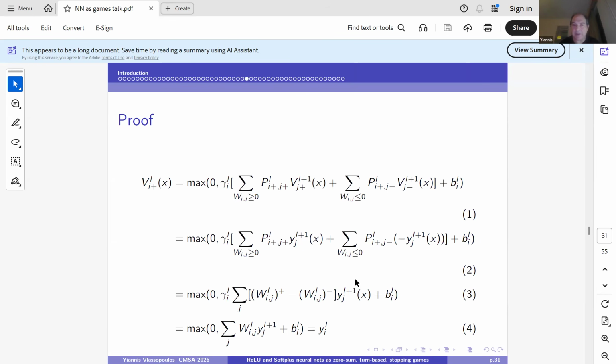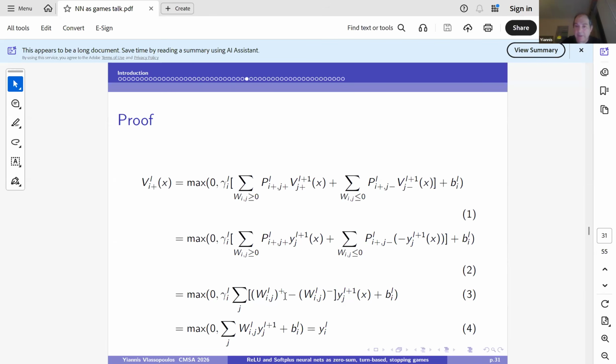The proof is very simple because we just look at the Shapley-Bellman recursion. You get the max of zero comma that expression. Once you realize that Vj plus and Vj minus are just the outputs of the corresponding neurons, one of them is Yj and the other one is minus Yj, and the probabilities are cooked up precisely by being the positive and negative part of the weights.